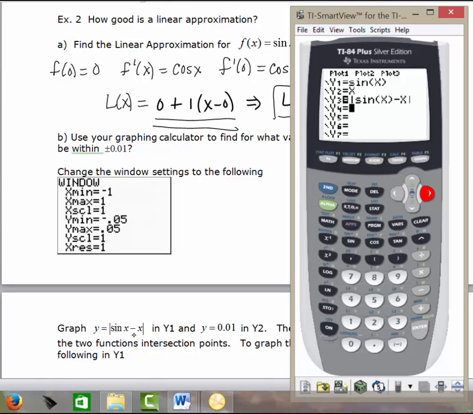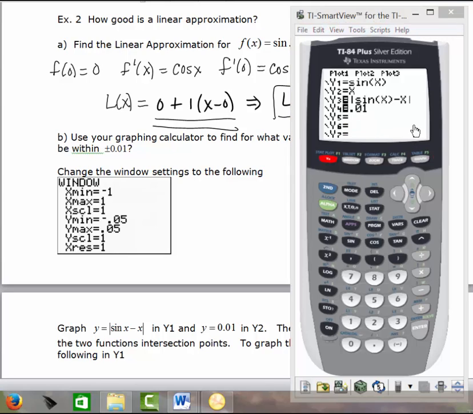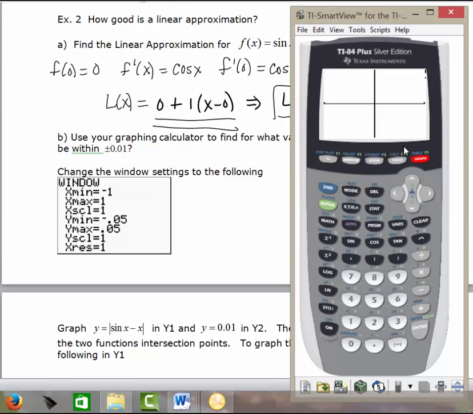I'm going to type in y equals 0.01 in my y4 here. Because I'm using the absolute value, I don't need to graph negative 0.01. So let's go ahead and graph the error along with the horizontal line y equals 0.01.